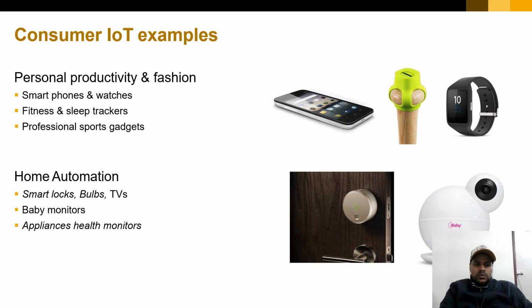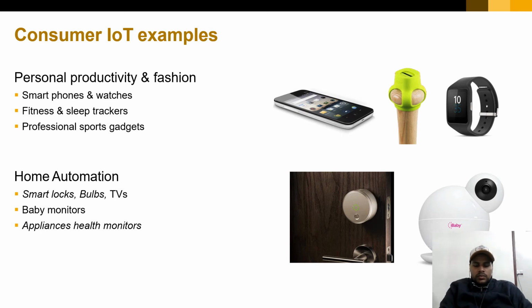Second most used IoT devices are in home automation. In home automation, nowadays you are getting smart locks in your homes, smart bulbs, smart TVs. So everything is connected. Everything is sharing data on a real-time basis.